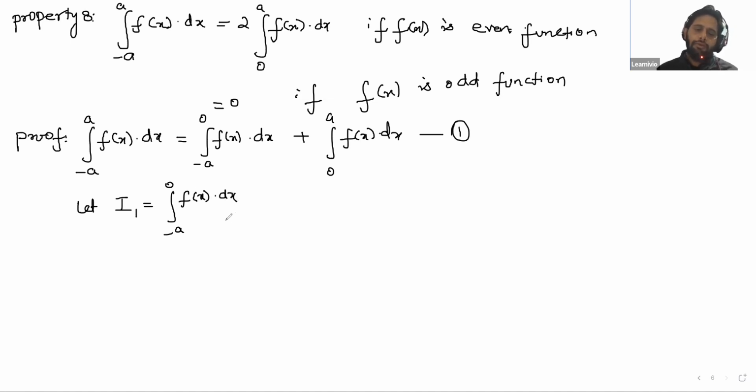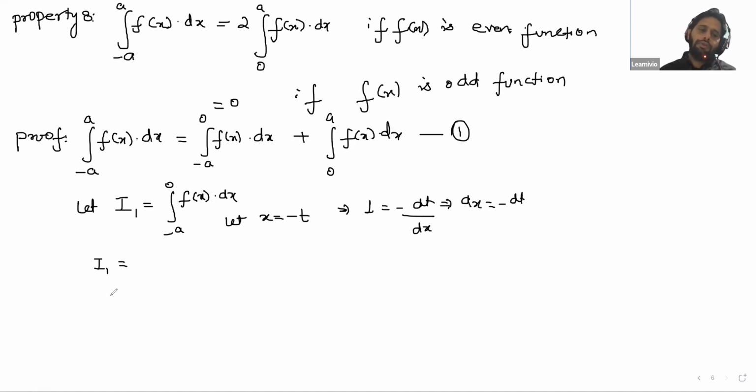Now let x is equal to minus t. Then dx by dt is minus 1, so dx is equal to minus dt. So what will happen? fx means f of minus t, and in place of dx you have minus dt.